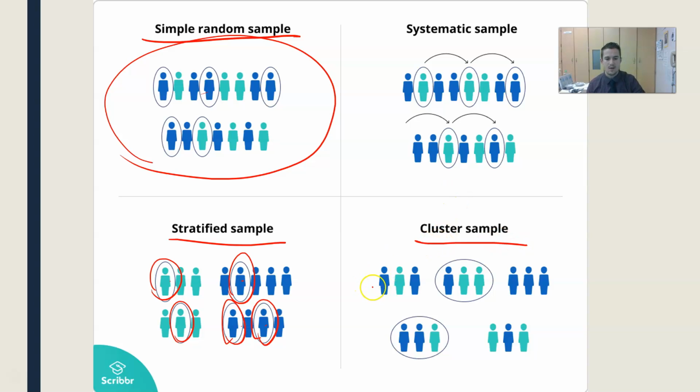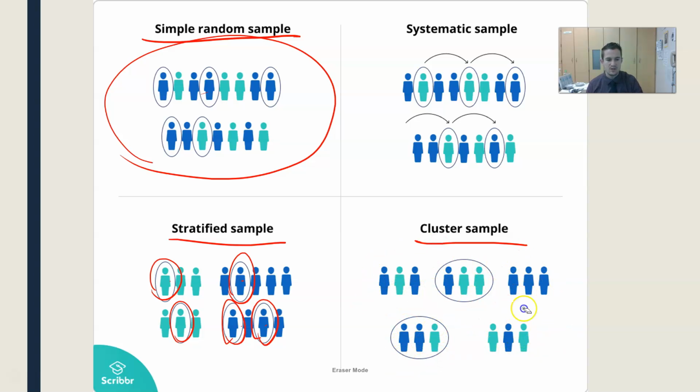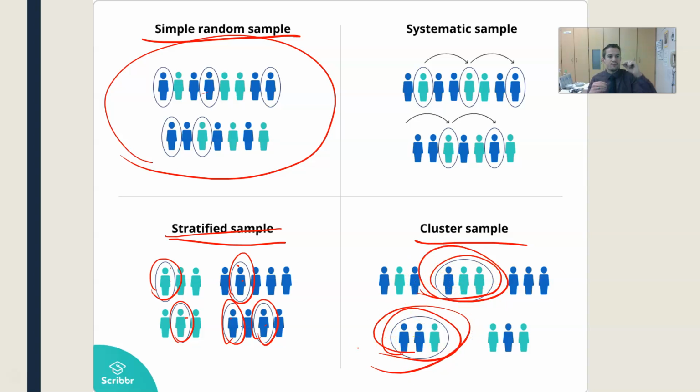A cluster sample is when I split my population into groups and then I randomly select a certain number of groups to include in my sample. So in stratified sampling, I split them all into groups and then just chose a few from each group. Cluster sampling is I split them all into groups and then just select a few whole groups to include in my sample.